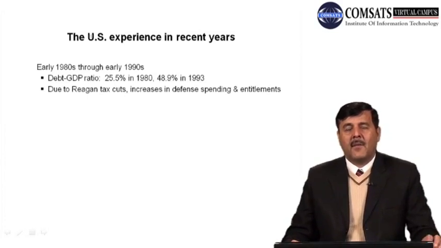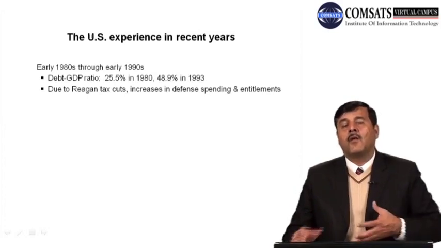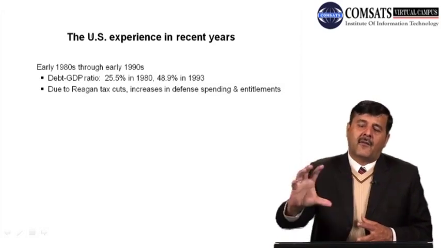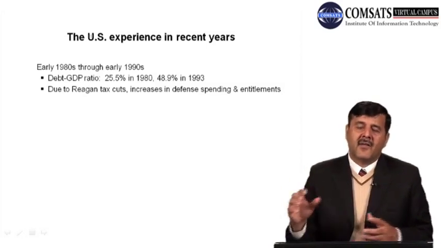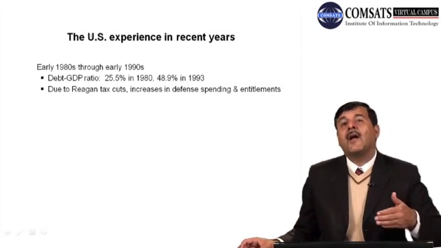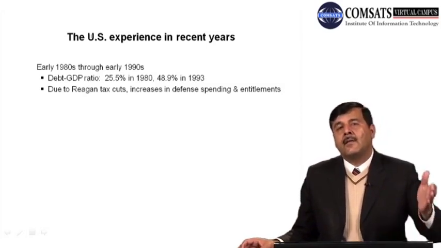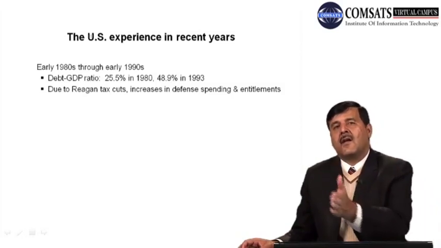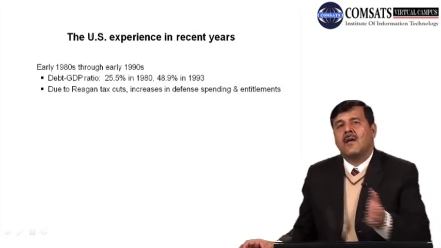That was because they cut taxes and increased defense spending. When taxes were reduced, and on the other side defense expenditure and entitlements increased, what will happen? The budget deficit increased, and as we know, in the long run budget deficits accumulate government debt.